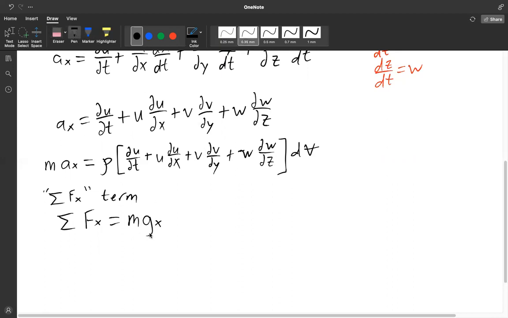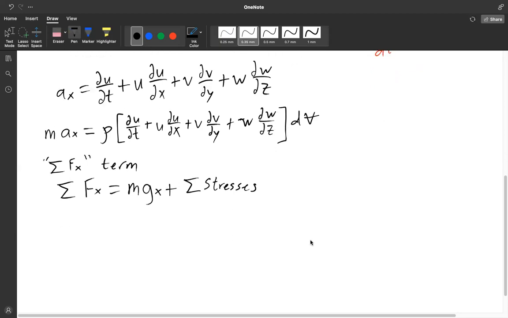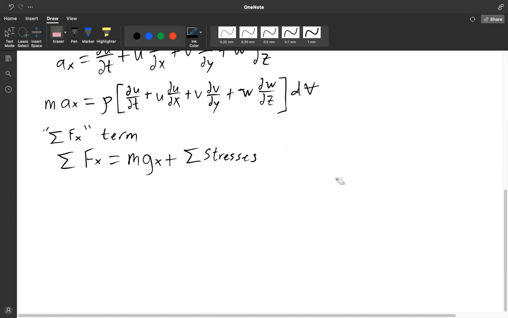So it's mass times the gravitational acceleration in the x direction plus the sum of stresses. We can capture this sum of stresses term by drawing our free body diagram.